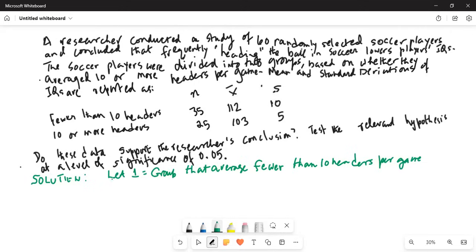And let group 2 be the group that averaged 10 or more headers per game.